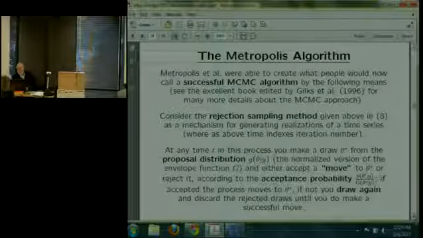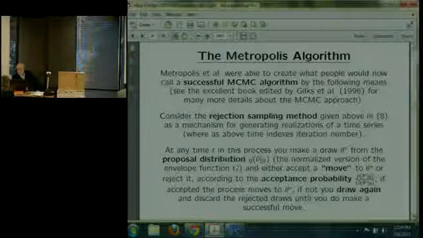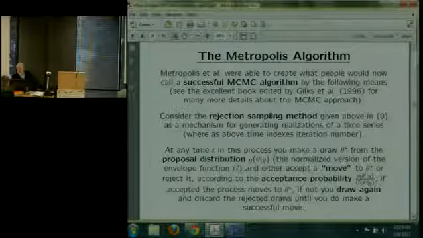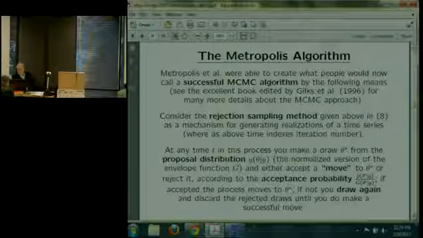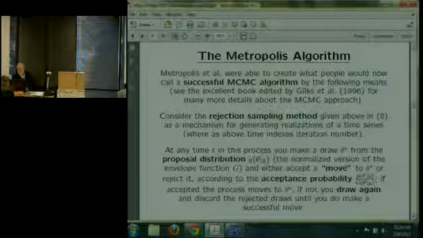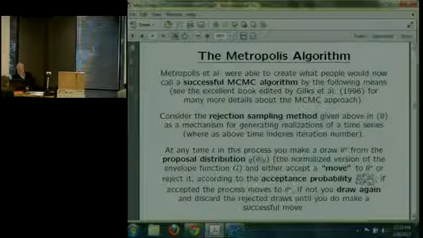So let's think once again about the rejection sampling method, regarding it as a mechanism for generating realizations of a time series, whereas as before, time index is just iteration number. And so here's von Neumann again with ordinary rejection sampling.